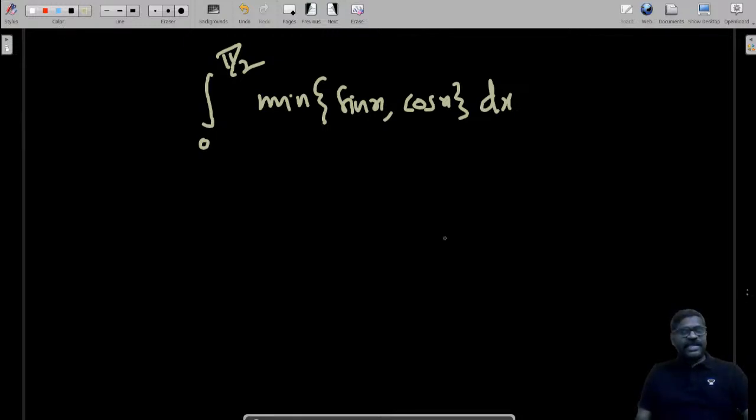See, in the interval 0 to pi by 2, in the interval 0 to pi by 4, sin x is minimum. That's why I am writing sin x dx.